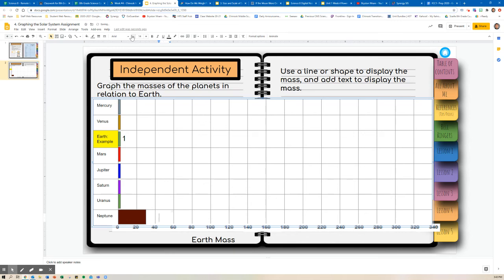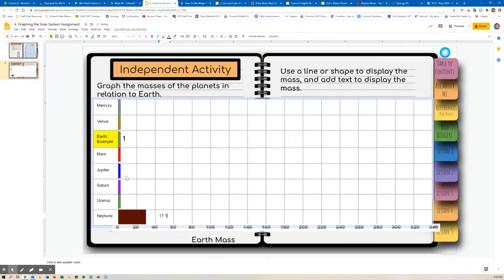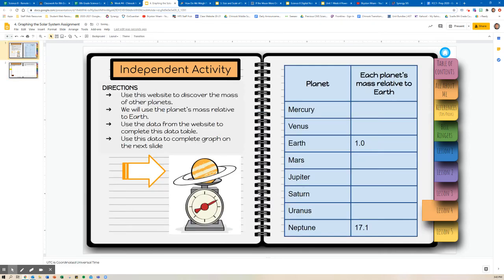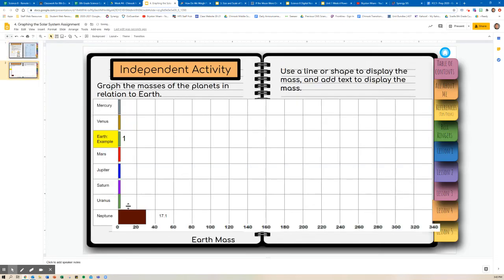Let's make this font a little smaller. 17.1. Why is it not typing? 17.1. Okay. And then let's look at another planet. Saturn is 95.2. So if I go to Saturn and type in 95.2, I know that my bar for Saturn needs to be 95.2 times larger than Earth's.